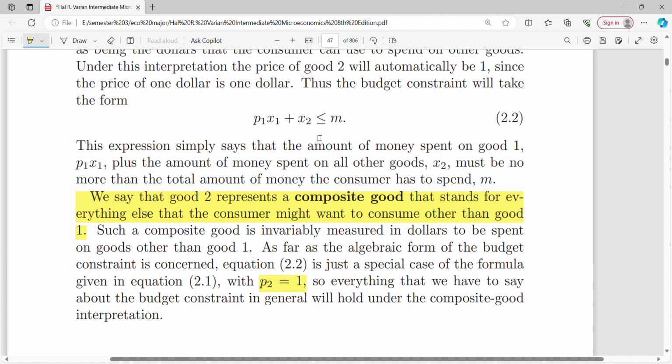As it is not a specific good and it denotes everything else, there is no need of a price, right? Because in other terms we can say X2 is the amount of money which the consumer is ready to spend on every other good other than milk. So we can denote P2 as 1. This type of good, which stands for everything else other than good 1, is known as a composite good.